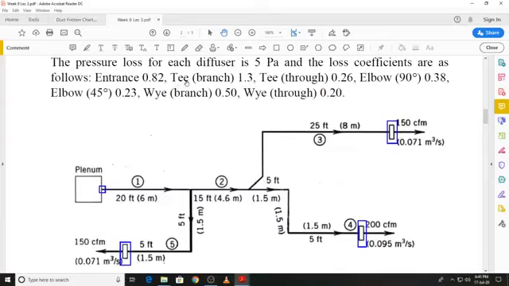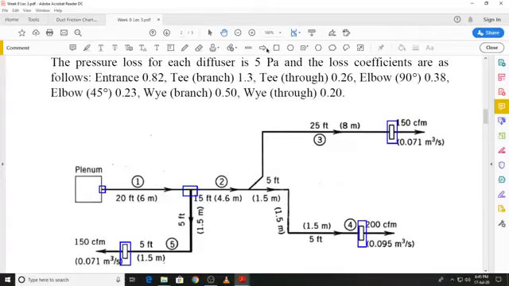Then there are T's. As the name implies, it's a section which resembles a T, so we can see a T over here. You can see this is a T over here, and you can see that there are two values. One is T branch, the other is T through.